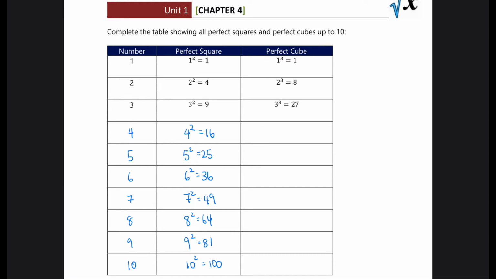So 4 cubed is equal to 64. 5 cubed equals 125. 6 cubed equals 216. 7 cubed equals 343. 8 cubed equals 512. 9 cubed equals 729. And 10 cubed equals 1000.